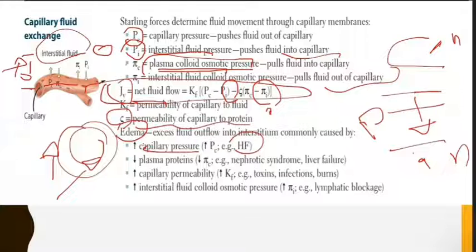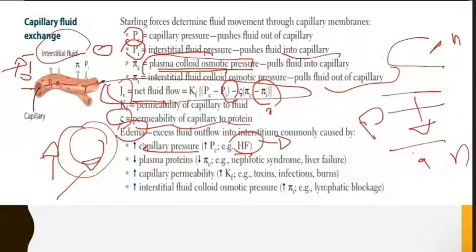You have more volume, so you have more pressure in the capillaries. This will push the fluid from the capillary to the outside, and that's why one of the signs of heart failure is to search for edema in the ankles and in the lower limb.